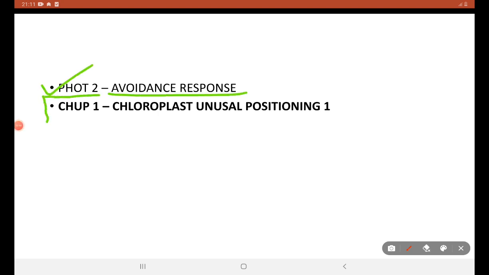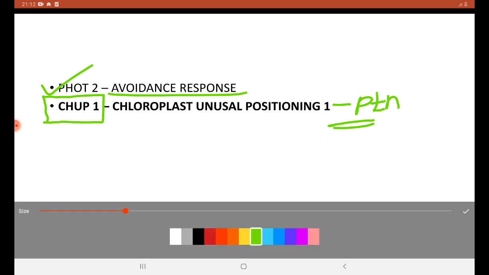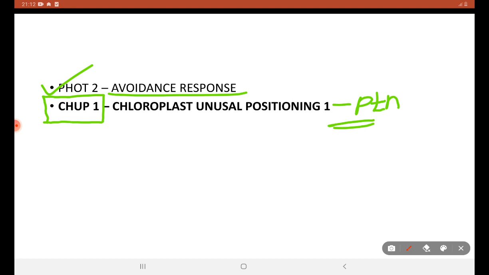We have another component called chloroplast unusual positioning 1. So, what is chloroplast unusual positioning 1? Chloroplast unusual positioning is a protein. They help in attachment of phot to the cell membrane. They help in anchorage.